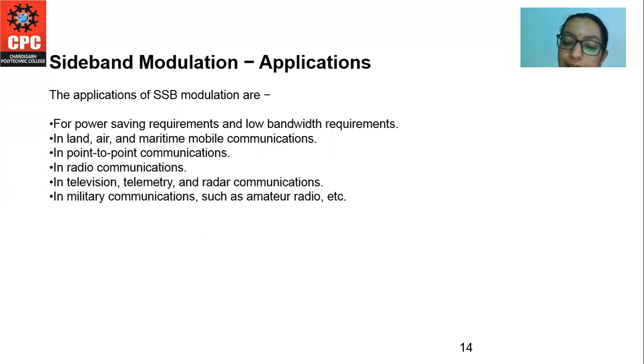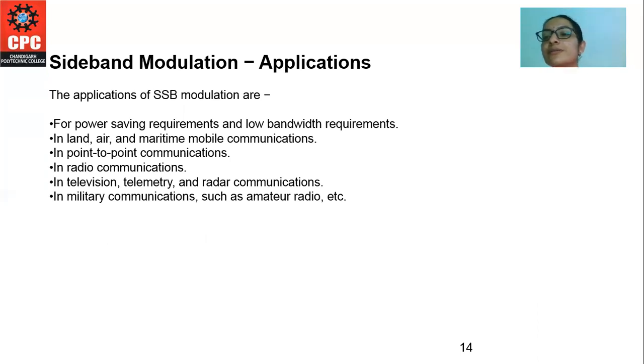It also finds extensive use in applications where bandwidth is a major concern: point-to-point communication, mobile communication in land, air and marine, television, radio navigation, amateur radio and military communication. These are some prominent users of this system of modulation as per their requirement.